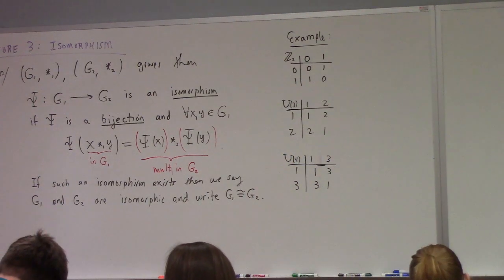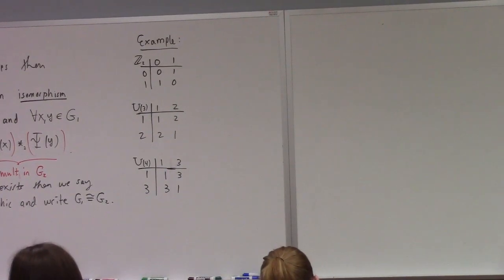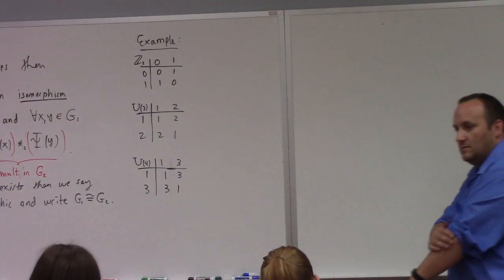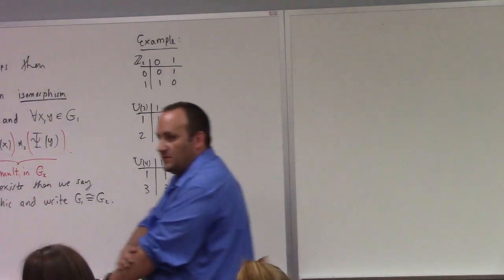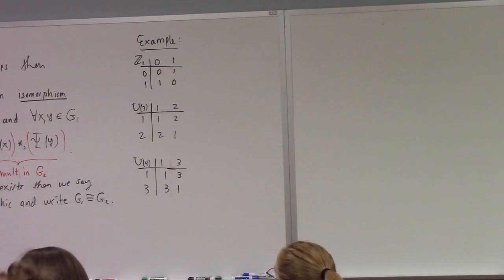By the way, for a finite group, you guys know a little bit about set theory already, right? Two sets have the same cardinality if what? If there exists a bijection between them, right? So in the case of finite sets, if you've got a bijection between finite sets, you already know from set theory that they have to have the same number of things.